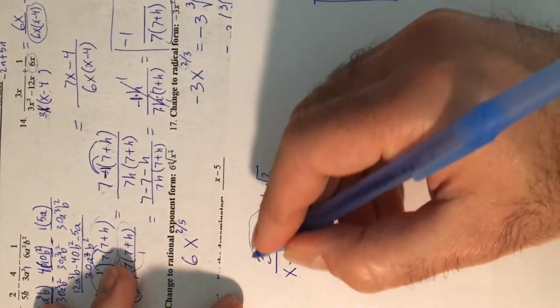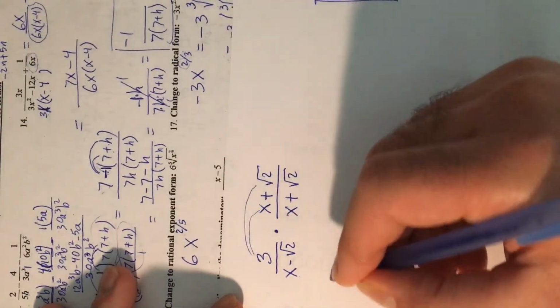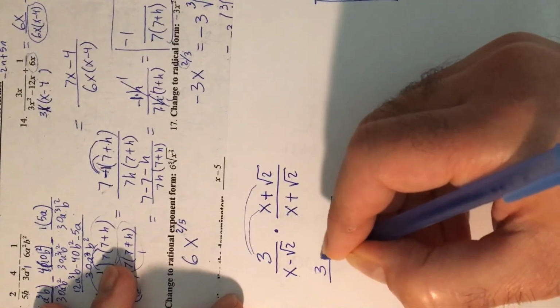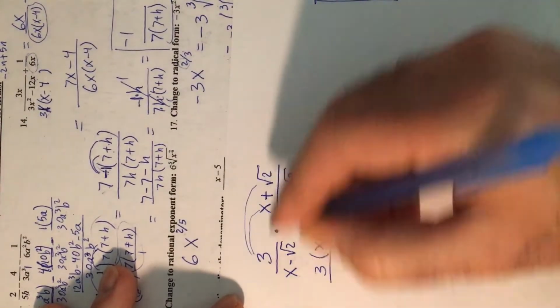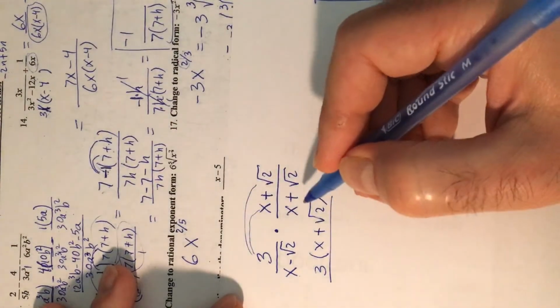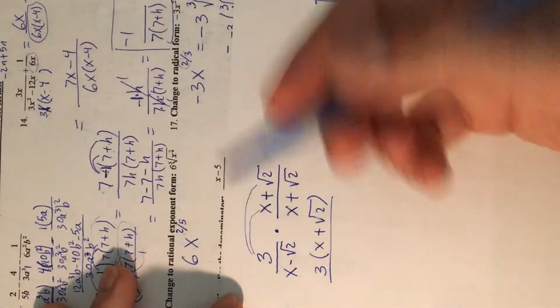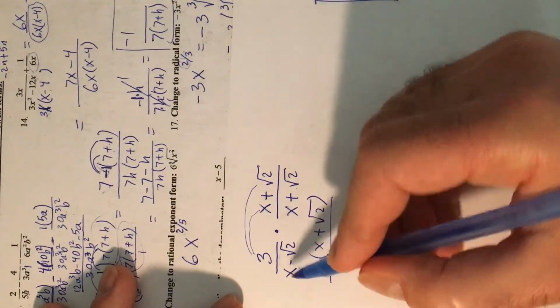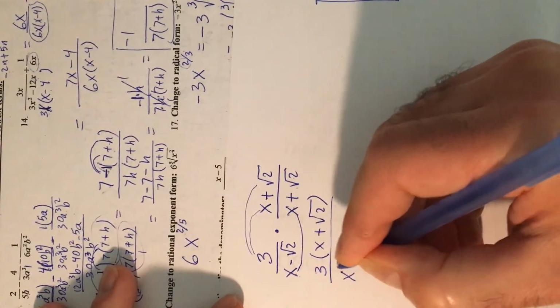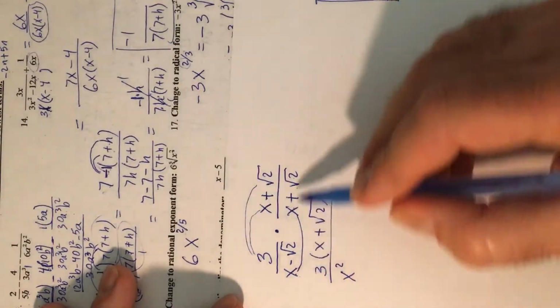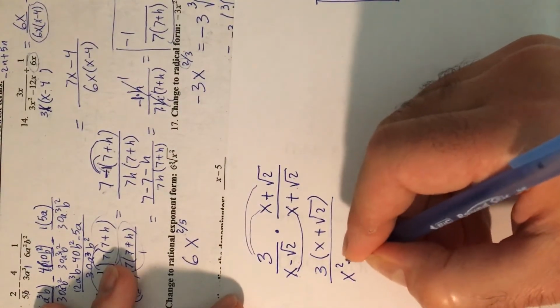So you have 3 like that. But for now, I'm going to keep the 3 on the outside, and maybe I will distribute at the end. So I'm multiplying the top. Now, for the bottom, I have to distribute. I have 2 binomials, 2 terms, 2 terms. So x times x, that's x squared. x times square root of 2, that's positive x square root of 2.